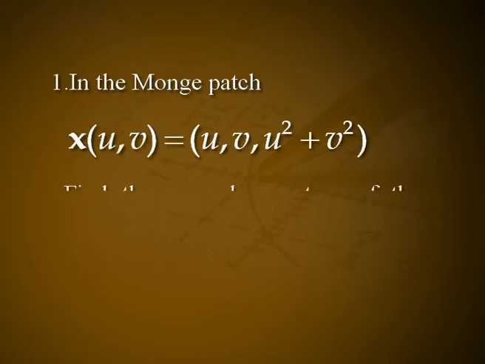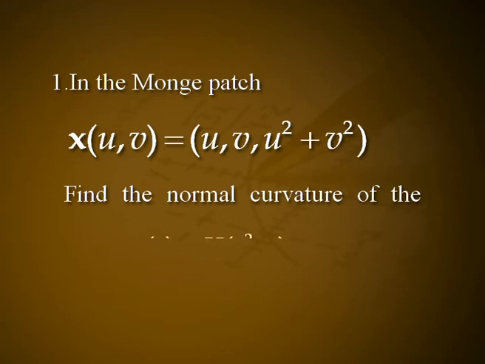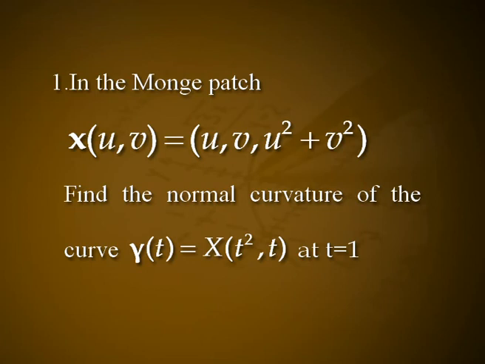Before moving to the next session, let us try these questions. 1. In the Monkey Pouch, x of (u, v) is equal to (u, v, u square plus v square). Find the normal curvature of the curve gamma of t is equal to x of (t, t square) at t is equal to 1. 2.